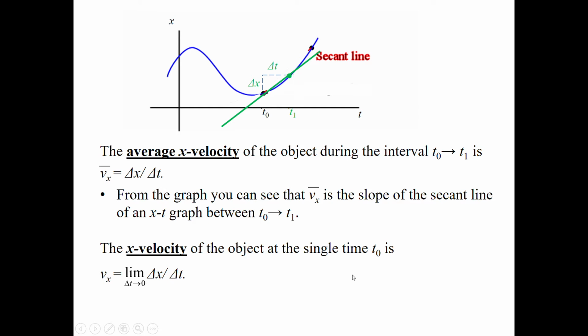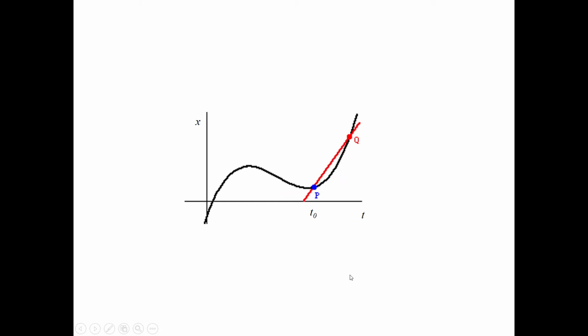But this graphic on the next slide kind of shows that if you take a secant line between points that are closer and closer together, just like we did on the previous graph, but here it's showing it in animation, the secant lines, which are changing as you make delta t smaller and smaller, get closer and closer to what's called a tangent line to the graph at the particular time. Tangent line means just a line that in that little region only, instead of touching the graph at 2 different points, it only touches it at 1 point.